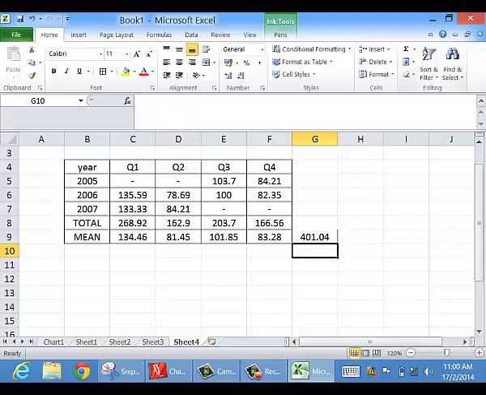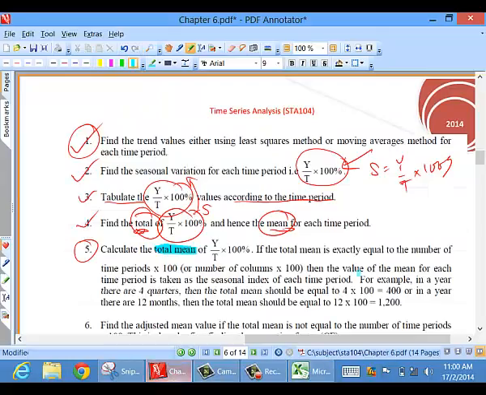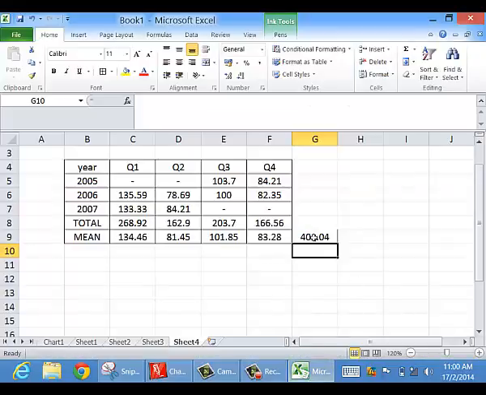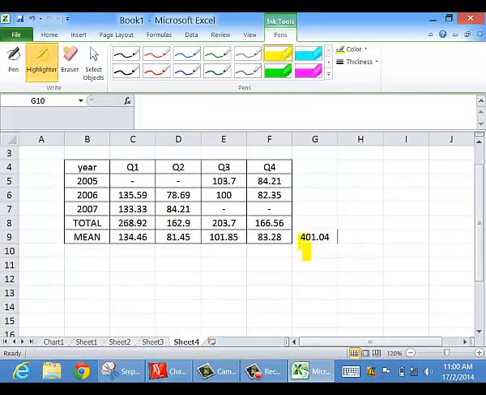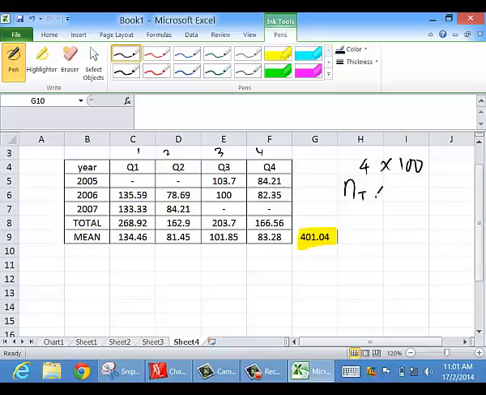Right? Can you understand? So you limit until 2 decimal point only. Now read more. If the total mean is exactly equal to the number of time period multiplied with 100, how many time periods do you have? 1, 2, 3, 4. 4 multiplied with 100.